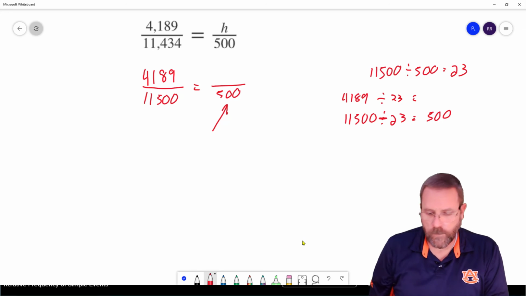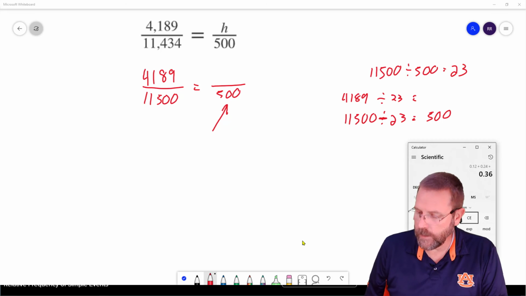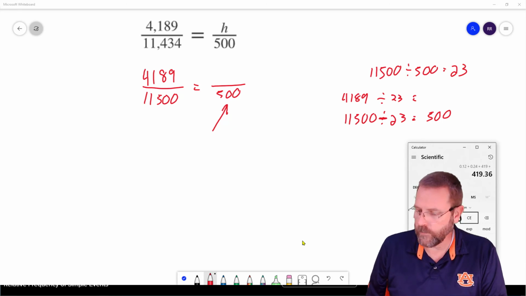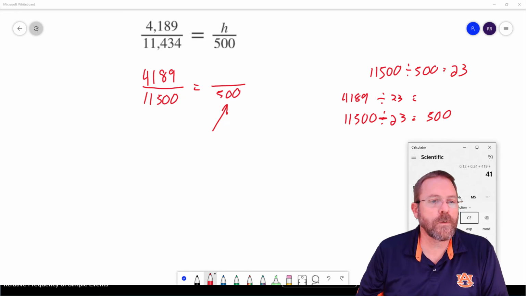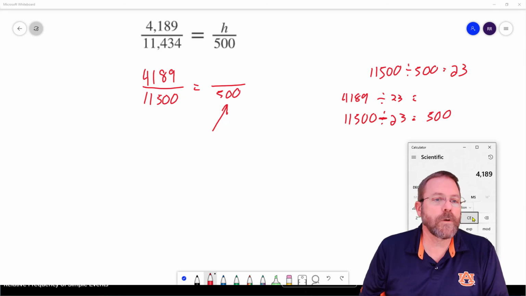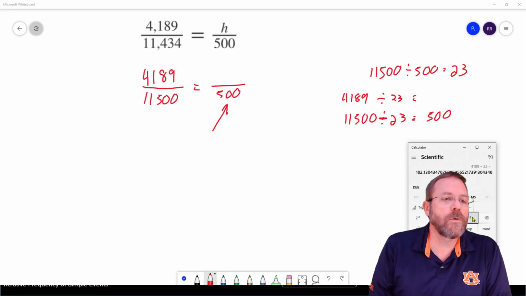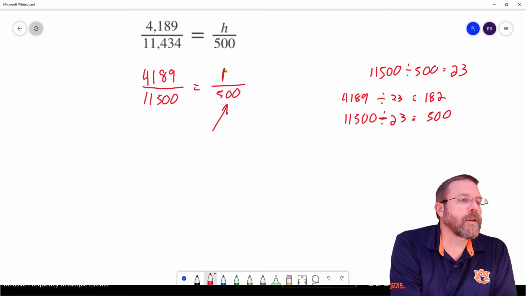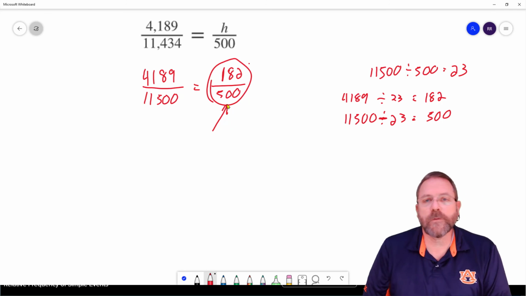And when we divide 4,189 by 23, what are we going to get? Whoops, missed that one. Let's try it again. Let's clear it all out. 4,189 divided by 23 is equal to approximately 182. And that is where the textbook got the 182 from that's in their answer.